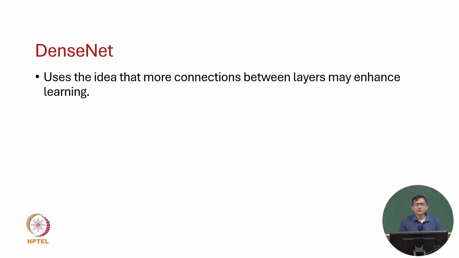How is that? So it also plays on the connections, more connections. It uses the idea that more connections between the layers may enhance learning. So let us see how this works in a bit more detail.